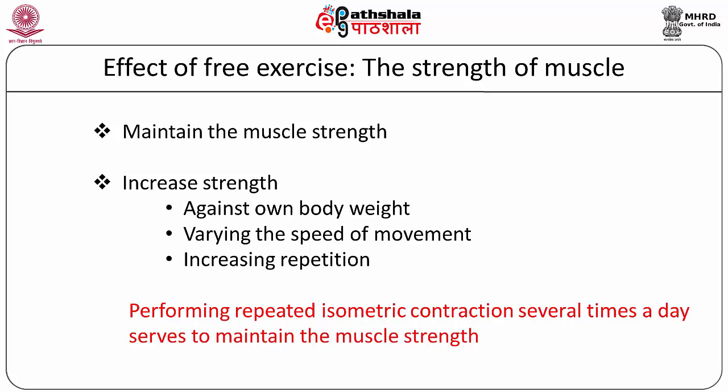This resistance may be provided to a muscle during free exercise by selecting a position where movement is performed against own body weight, or by varying the speed of movement. Performing a movement at slower and faster speed than the natural speed of movement increases the force of contraction of muscle. When a movement is performed against gravity, the body weight acts as a resistance. The repetition of a given movement also serves to maintain the muscle power.